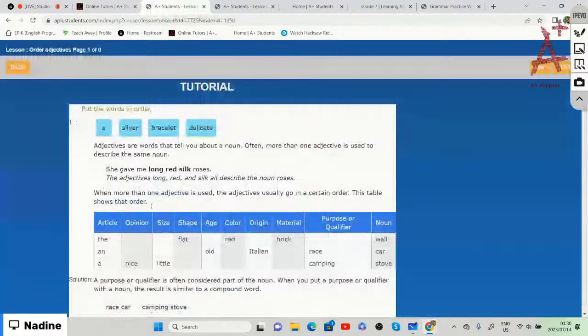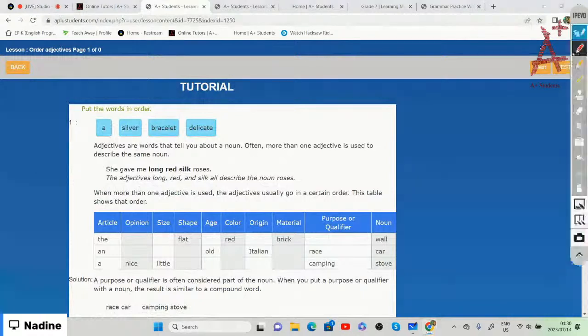Order adjectives. Adjectives are words that tell us about a noun. Often more than one adjective is used to describe the same noun.